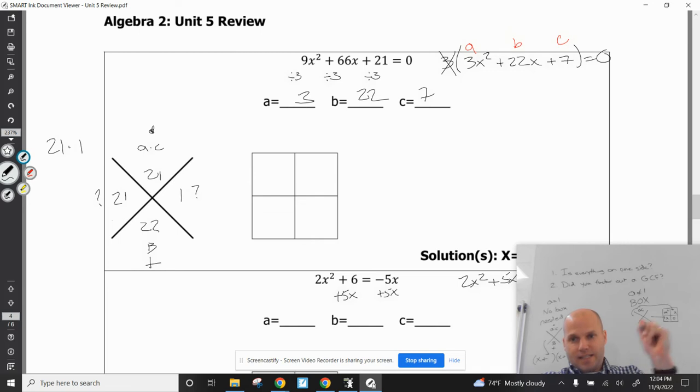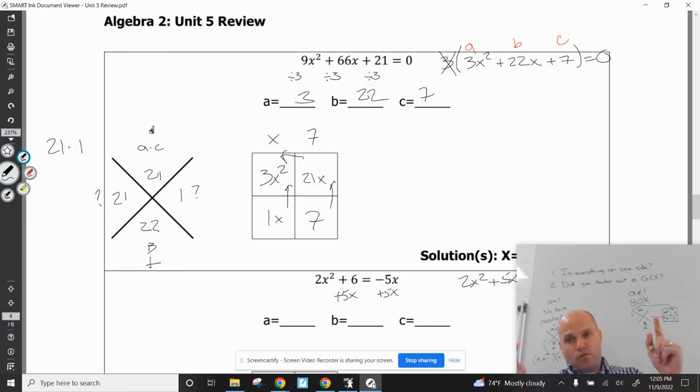3x squared, that's the ax squared that goes in the top corner. C goes in the bottom corner. Amounts of x's go in the other two boxes in whatever order you want. Factor out, backwards distribute, a 7, an x.